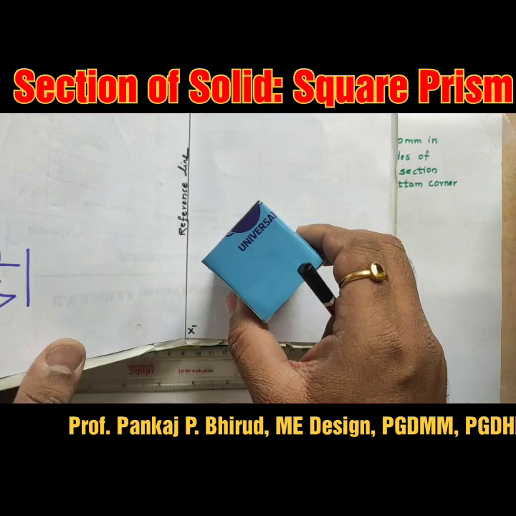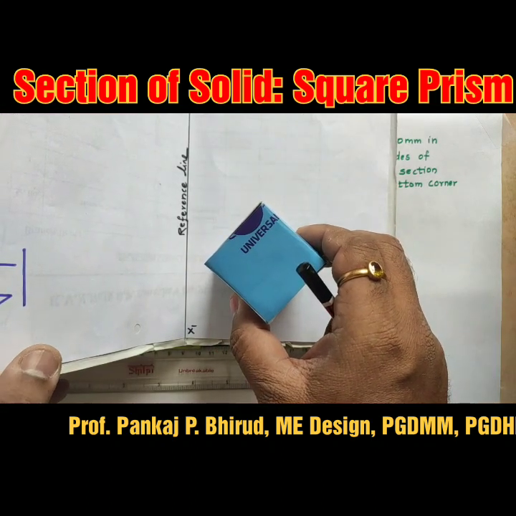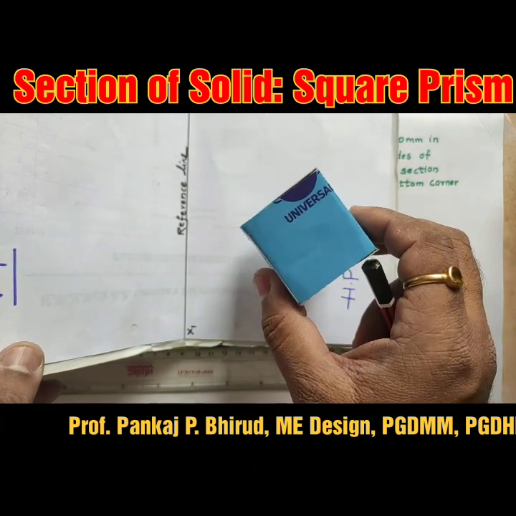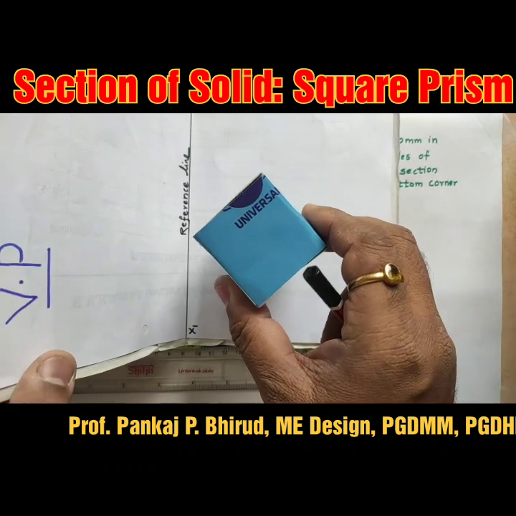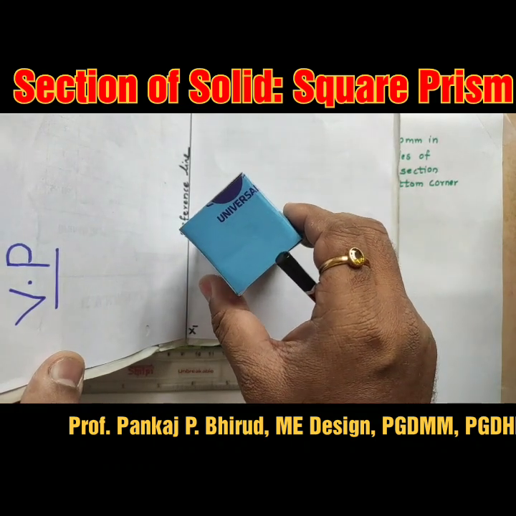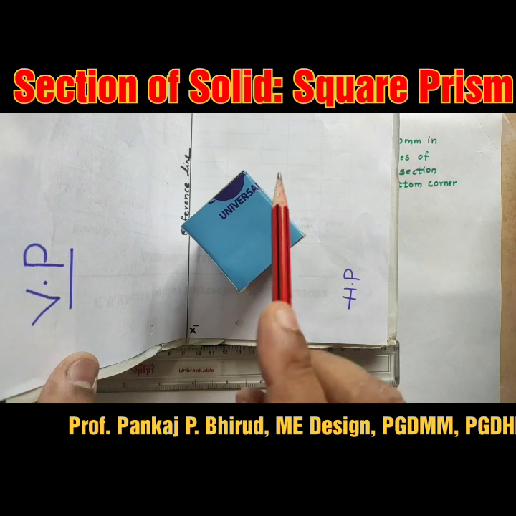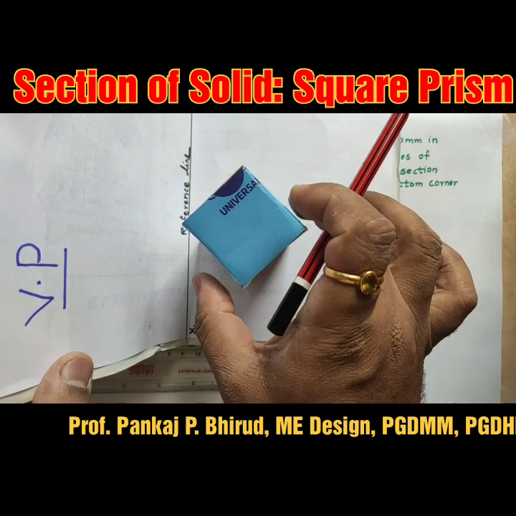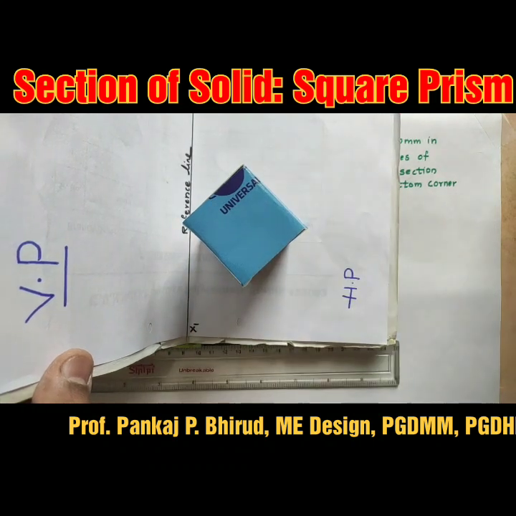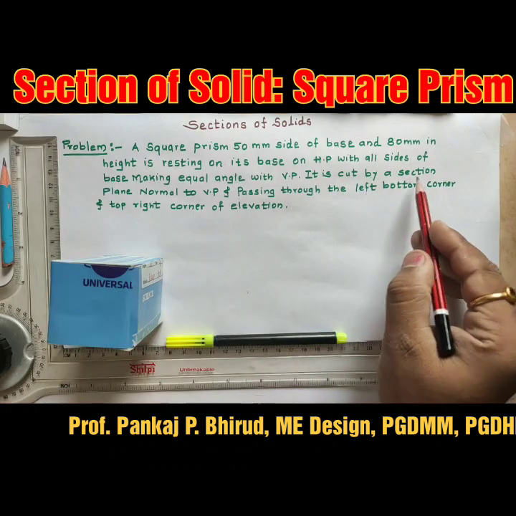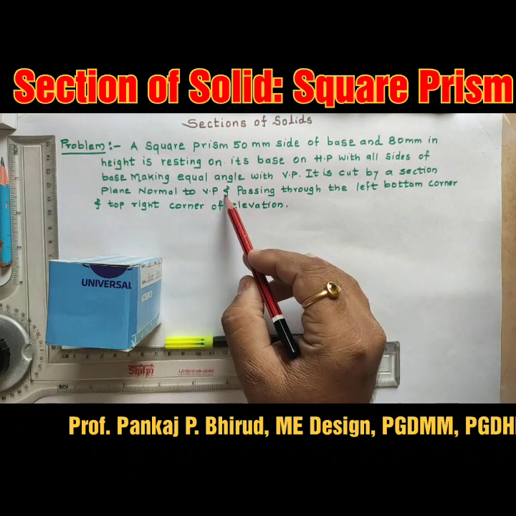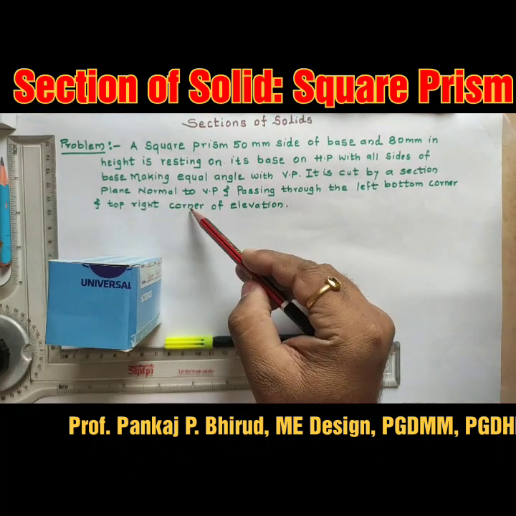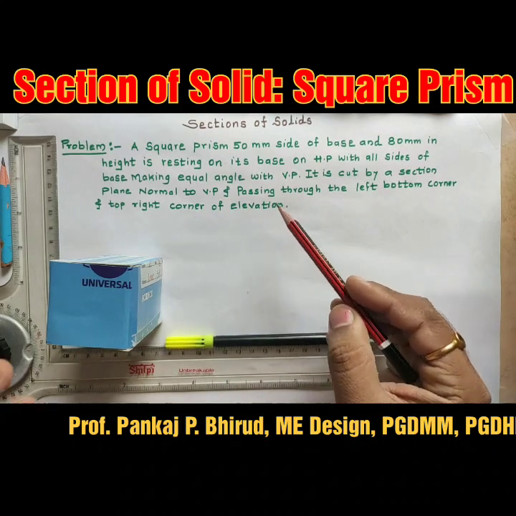So let us understand on the horizontal and vertical plane. This is the square prism resting with its base and making an equal angle with VP. So this prism is resting on HP. It is cut by a section plane normal to VP and passing through the left bottom corner and top right corner of elevation.